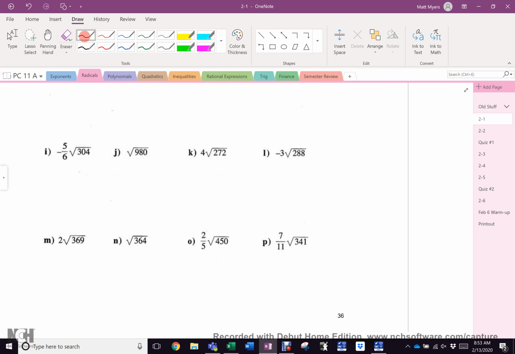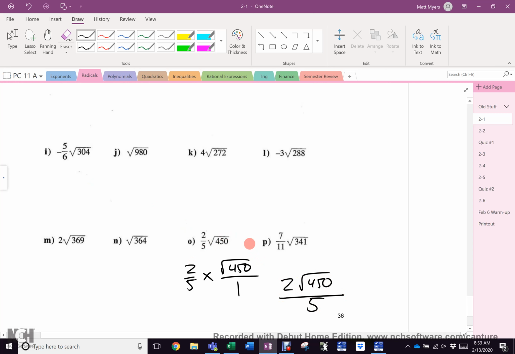So this is actually 2 over 5 times the root of 450 over what? 1. So where does the 2 live? With the 450. So this is 2 root 450 all over 5. Everybody understand? Where does that negative live? Can I put it with the 5? And put the 5 with the 304? Yes. Everybody cool? So your job is page 35 and 36, and you've got 4 days to do it.